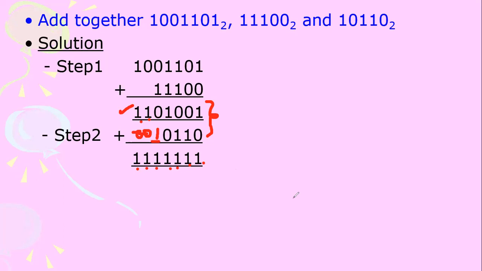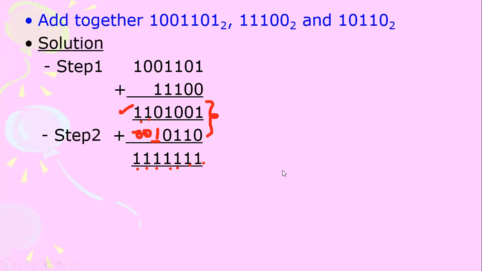So at the end of the day, our step 2 will generate the binary 1, 1, 1, 1, 1, 1, 1. It will give us that result.